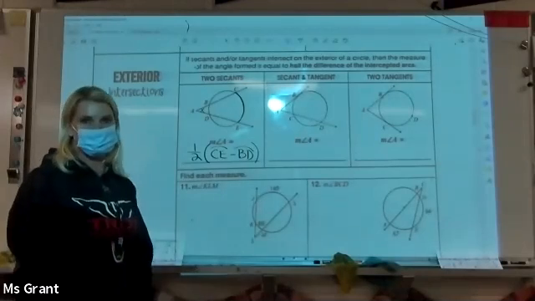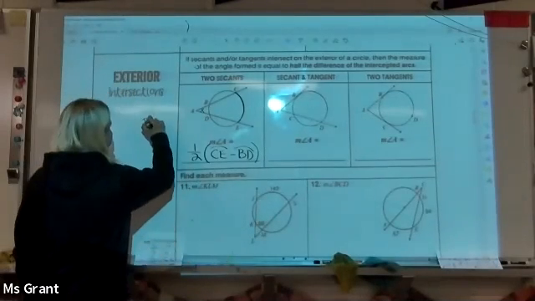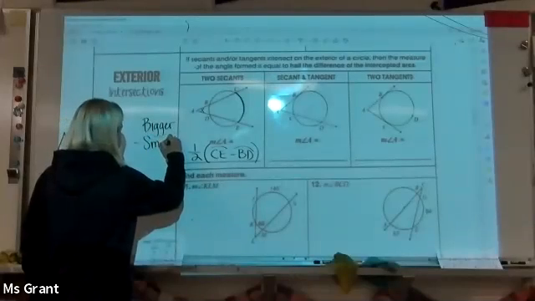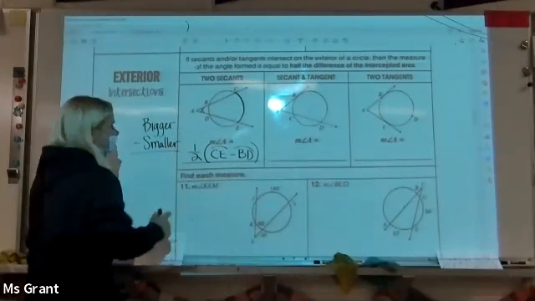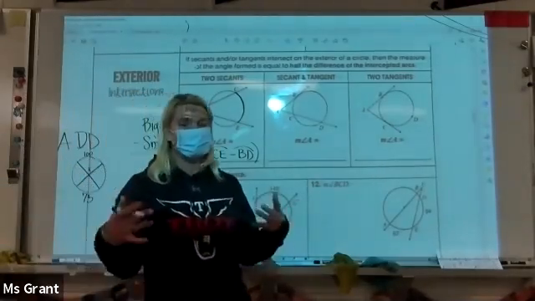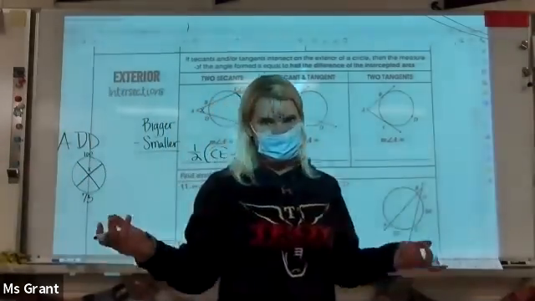So it's the two arcs. It's always going to be bigger arc, subtract smaller. Always. If you did it the other way around, you'd get a negative number. So it's obviously not that, right?